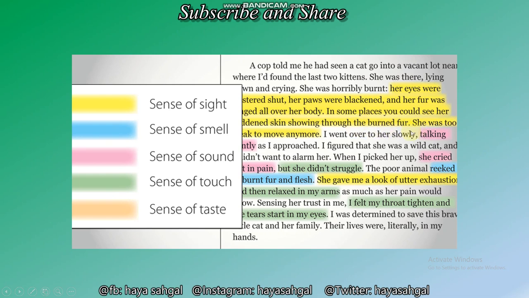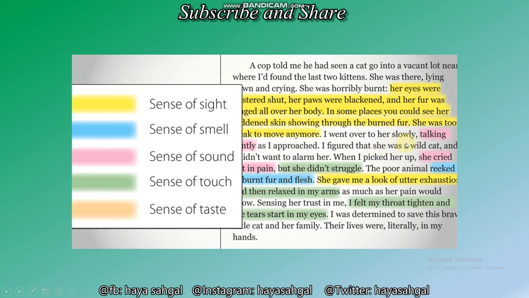She was too weak to move anymore. The writer can simply say she was unable to move, but that will not be attractive, so the writer is adding weak to describe the word move better. So these words are helping us to clarify the statements, sentences, and make them attractive.